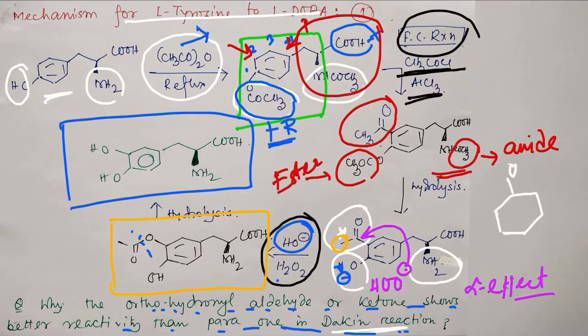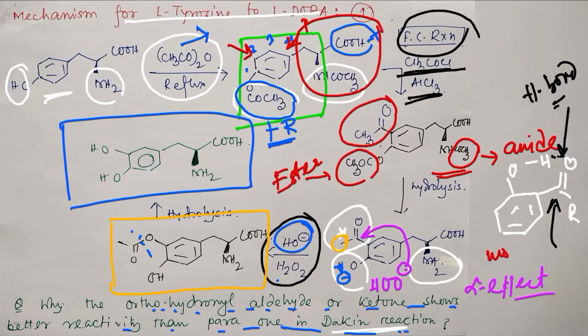So ortho-hydroxyl means this, and if you take carbonyl, meaning aldehyde and ketone both, hydrogen bonding is possible, and this hydrogen bonding makes this center more electrophilic, point number 1, and second, after nucleophilic attack here, the negative charge generated on this oxygen is stabilized through the hydrogen bonding.